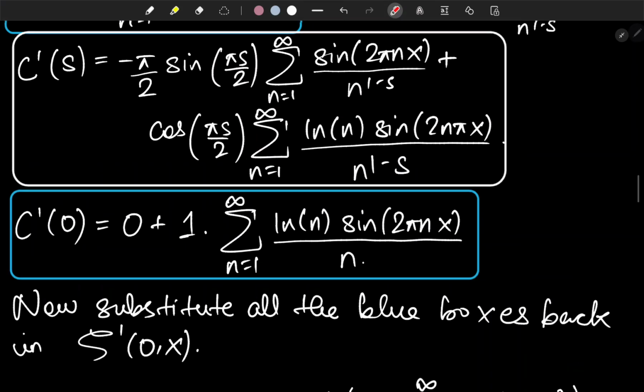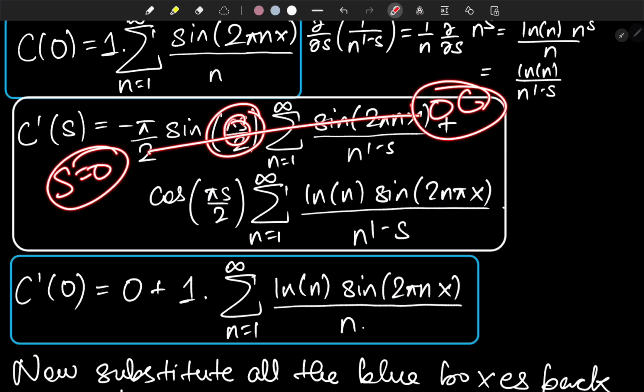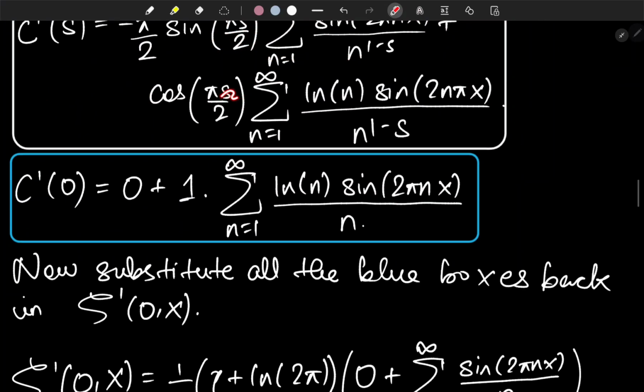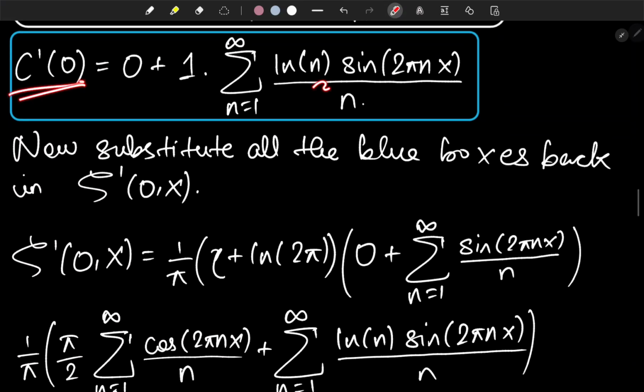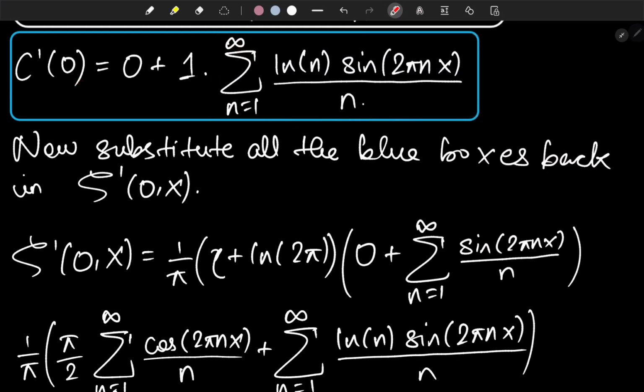When s equals 0, sine of 0 is 0, so this part is going to be 0 and we are just left with the second part. Cosine of 0 is 1, so c dash of 0 comes out to be this sum as n goes from 1 to infinity of natural logarithm of n times sine of 2 pi nx over n.